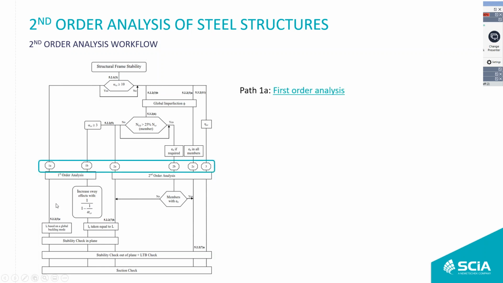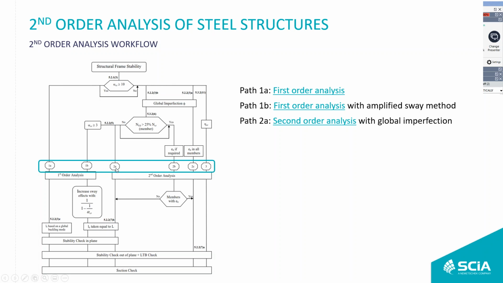The other one, path 1, as indicated, is first order. Path 1B is when your alpha critical needs to be between 3 and 10. If that's the case, you can increase the sway effects with this formula. This method also allows you to just use a buckling factor of 1. Ky and kz are then equal to 1, and you can then execute all your checks.